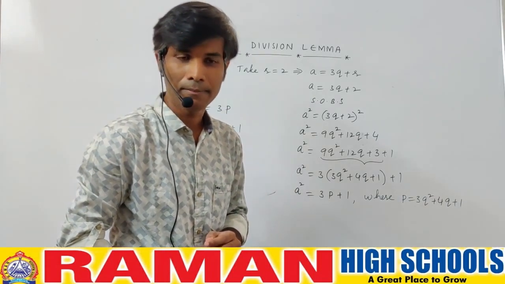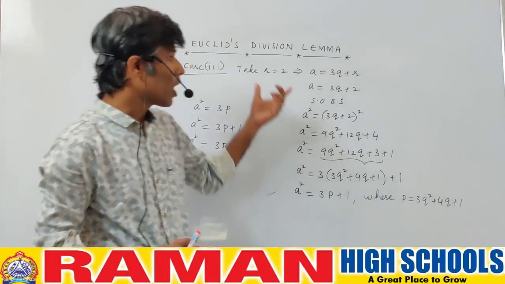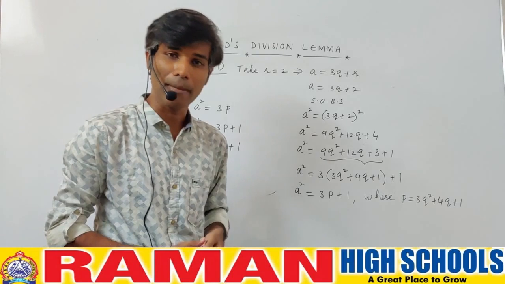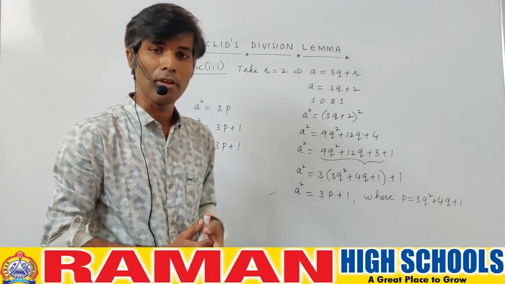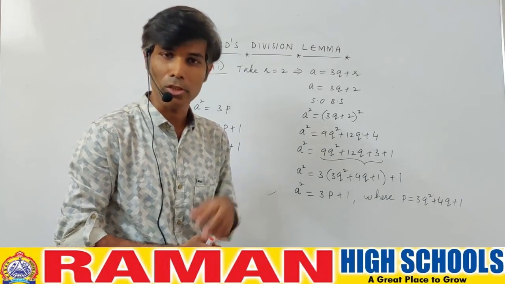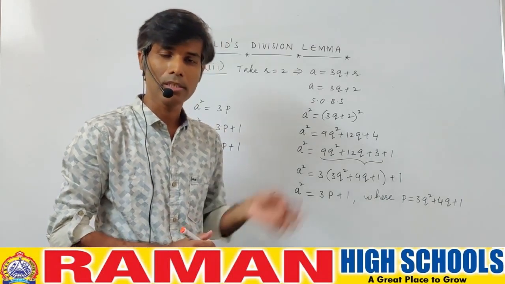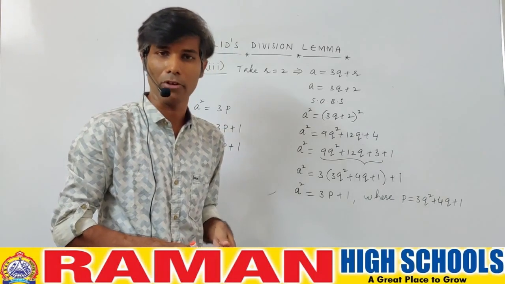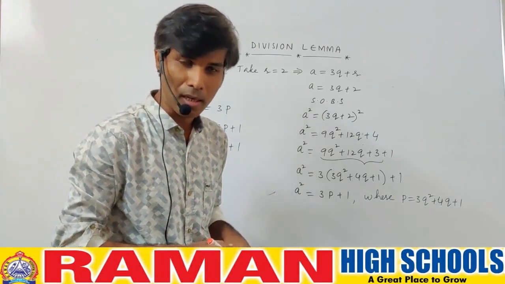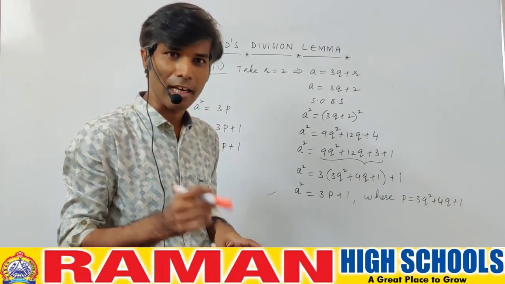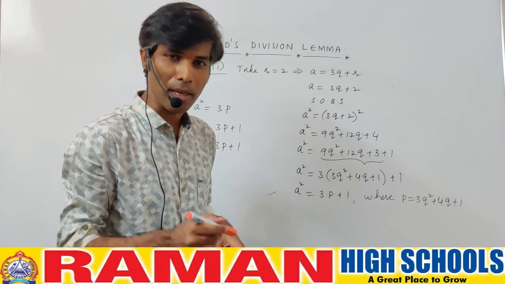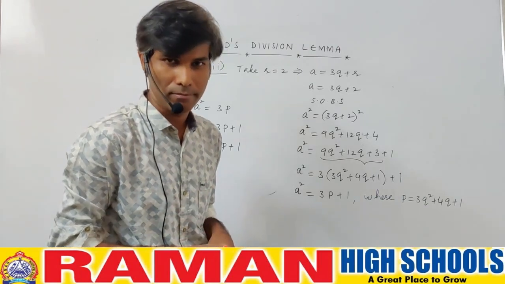But according to this, you can conclude that the square of any positive integer will be in the form of either 3p or 3p plus 1. There is no 3p plus 2 in the question. Just strike out that 3p plus 2 in the question. The question is, use Euclid's division lemma to show that the square of any positive integer is of the form 3p or 3p plus 1.